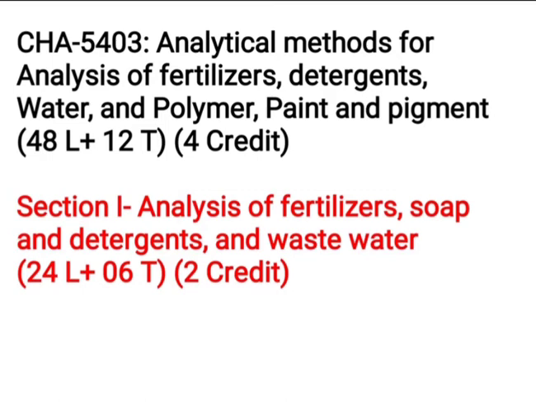Here 4 represents the 4th semester and the heading of the paper is Analytical Methods for Analysis of Fertilizers, Detergents, Water and Polymer, Paint and Pigment. This paper is of 48 lectures and 12 tutorials will be there.